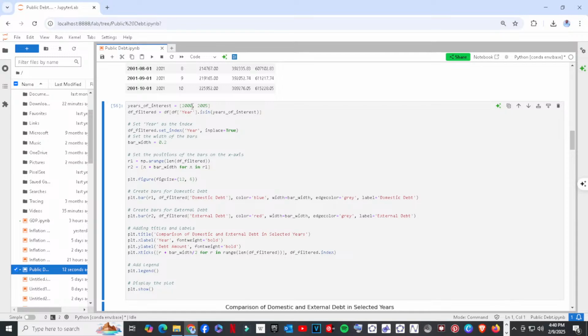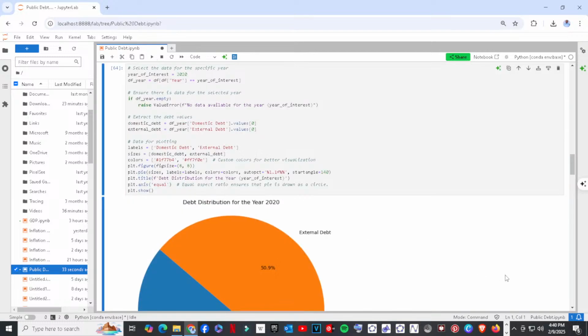So for instance, let me compare 2022 and 2023. Yes, so let me run that.